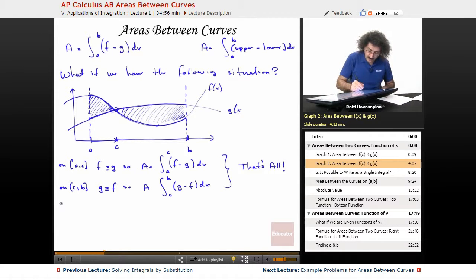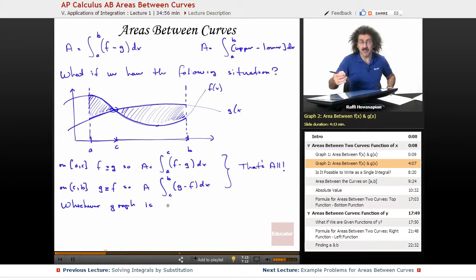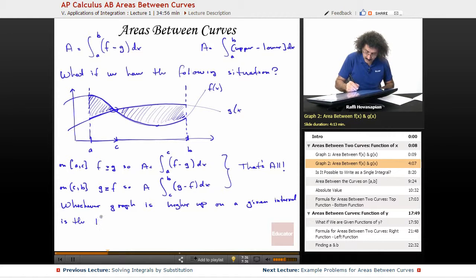Whichever graph is higher on a given interval is the first entry in the integrand. The first entry is the upper graph.